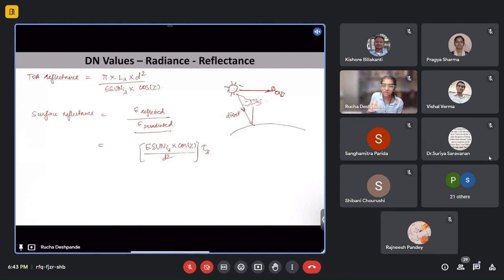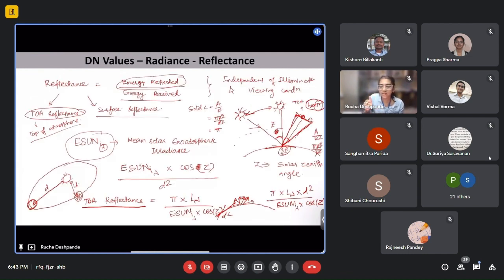Before, we did not take care of this transmissivity. Now, because we are looking at the atmospheric factors, we multiply by the transmissivity of the atmosphere between Sun and the Earth surface. If the atmosphere is totally transparent, this will be 100%, and all the radiation will reach the Earth. If the transparency is less, the radiance received will be lesser than what is incident.